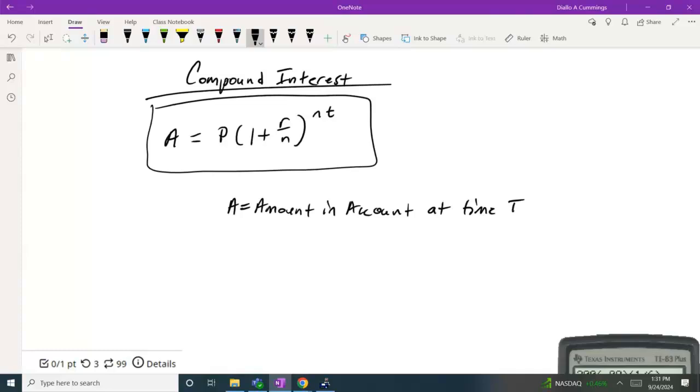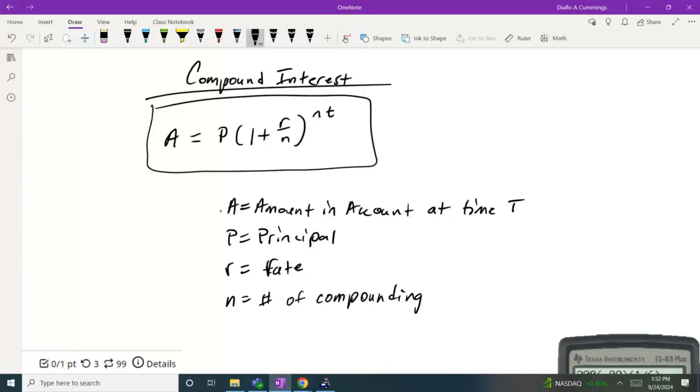The other formula only gave you the interest amount. P is still the principal, the amount of money you borrow or invest. R is still the interest rate. N is the number of compoundings per year.